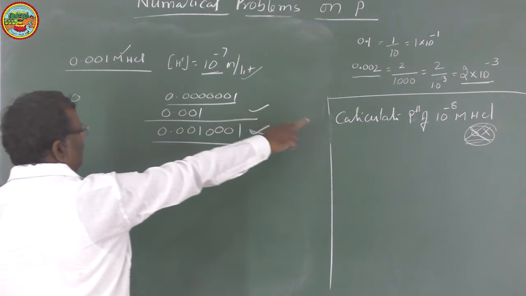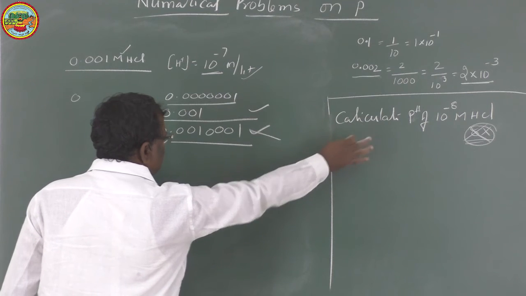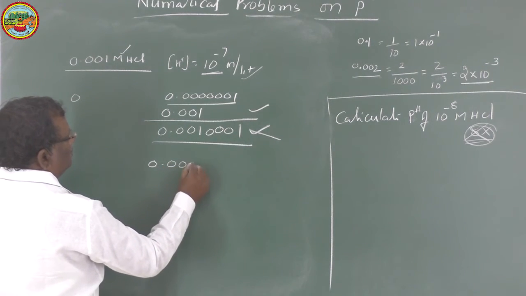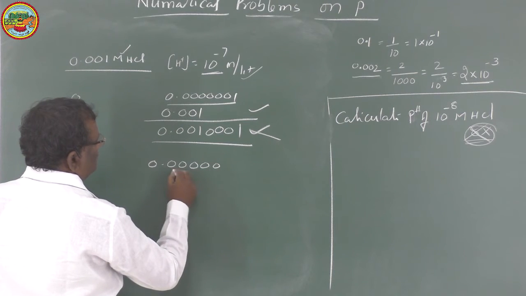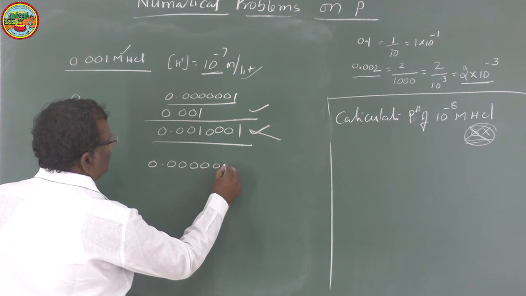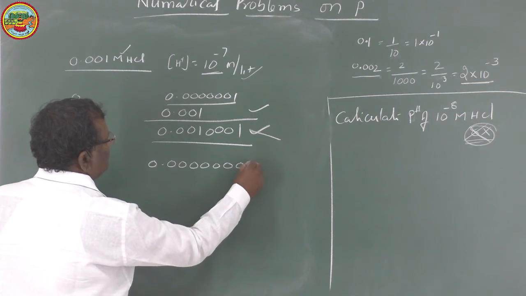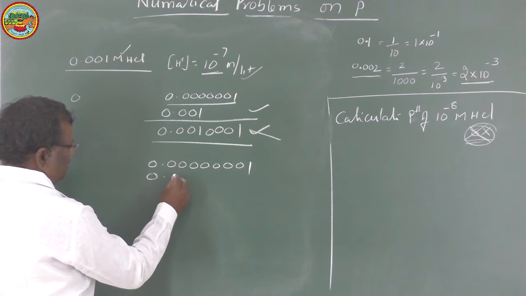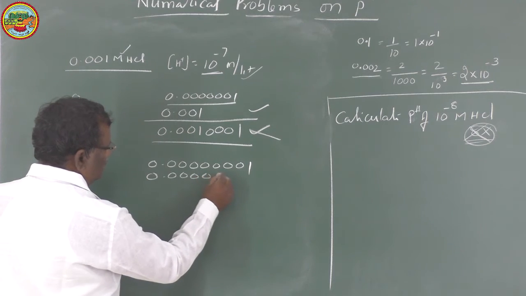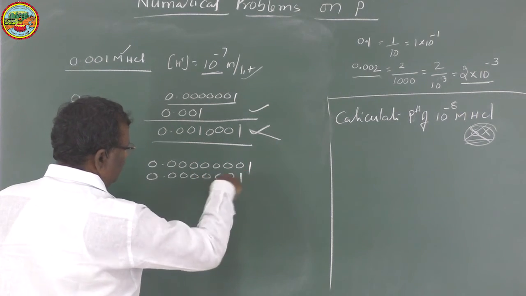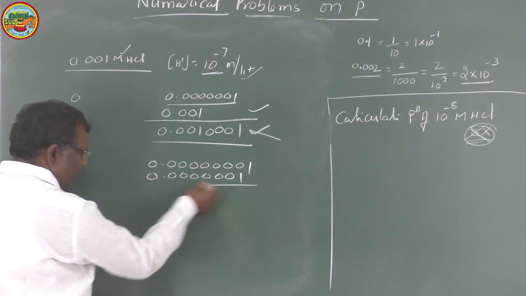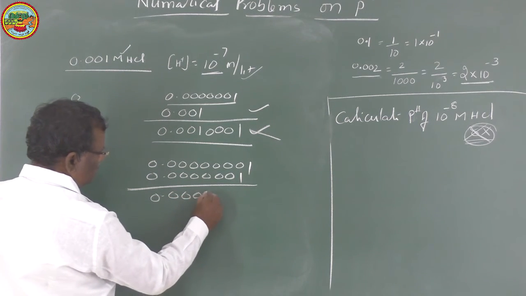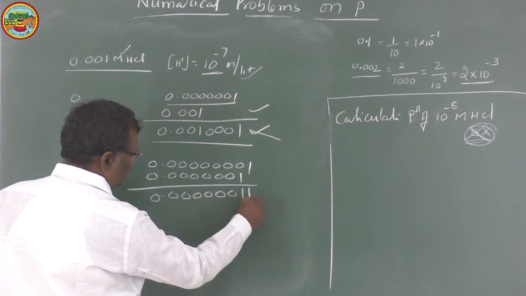But in the case of this problem, H plus ion concentration itself is 0.00000001. Now H plus ion concentration in water is 0.0000001. Now if you add it, it will be 0.00000011.